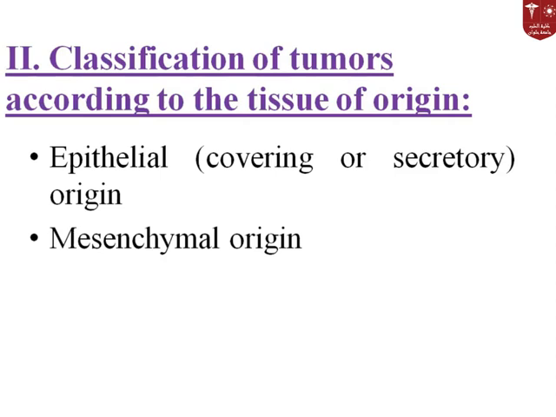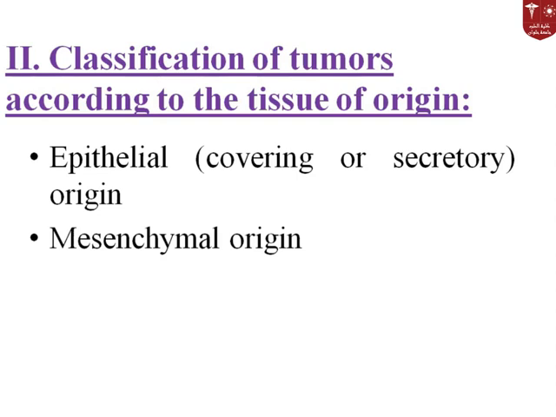And then we compared benign and malignant tumors. And also, we discussed the complications of benign and malignant tumors, what the serious complications of benign tumors are, although it is benign, and what the causes of death in malignant tumors are.